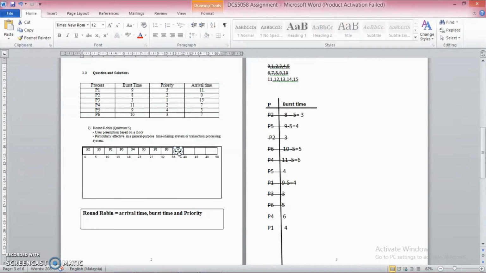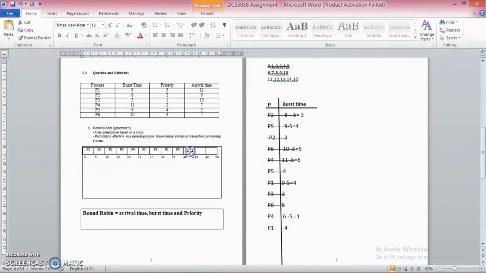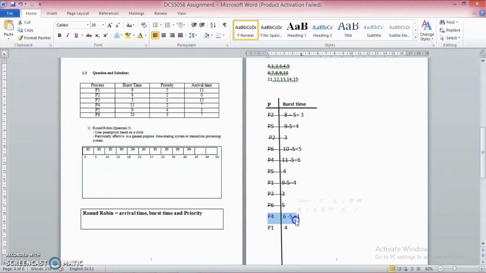And then P4, 6 minus 5, you will get 1, put P4 here, and cut the P4 to avoid confusion.